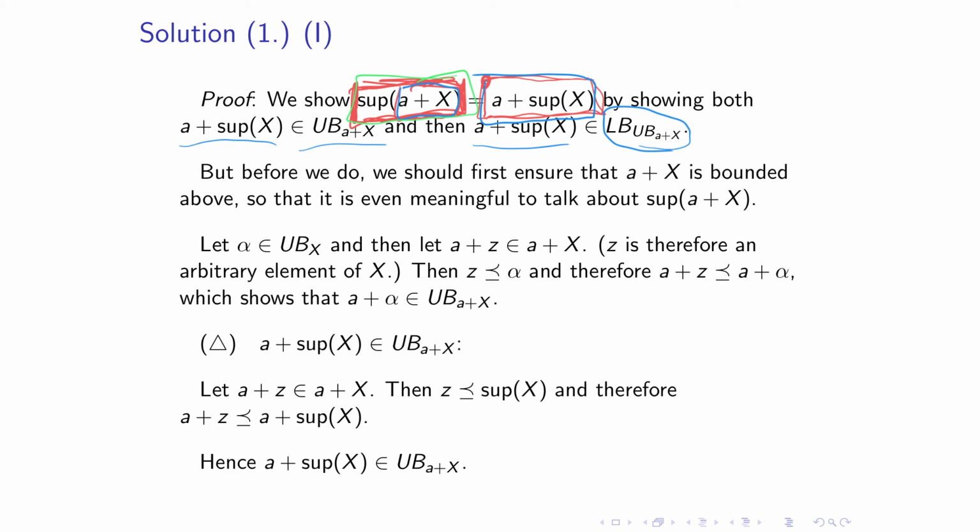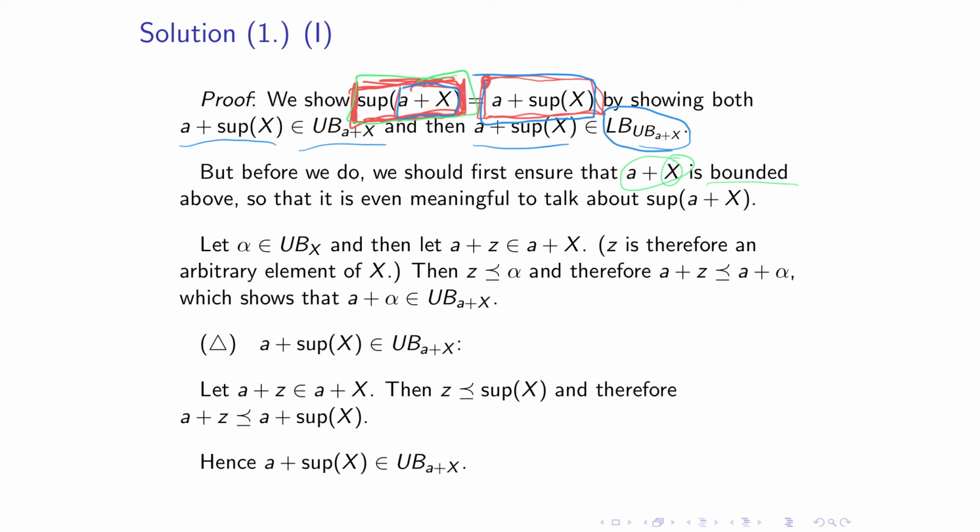We want to know that it is meaningful to talk about sup(A plus X). To do that, we have to ensure that it is non-empty and bounded above. It is non-empty because X is non-empty, and therefore we will have some element, and A plus that element is in A plus X. So it is non-empty. That is very easy to see and to show.